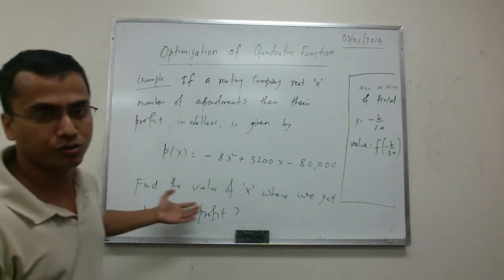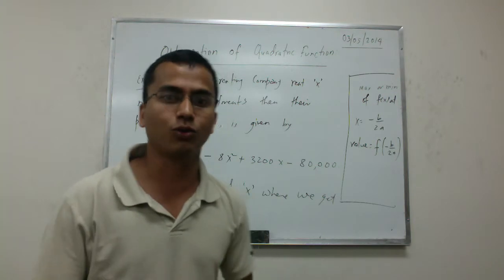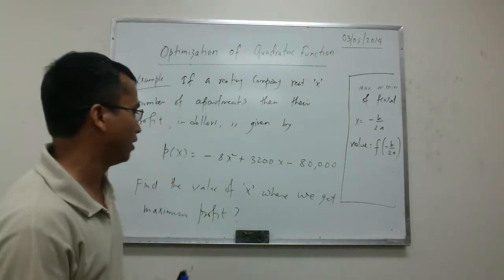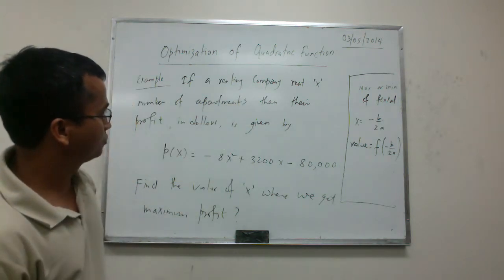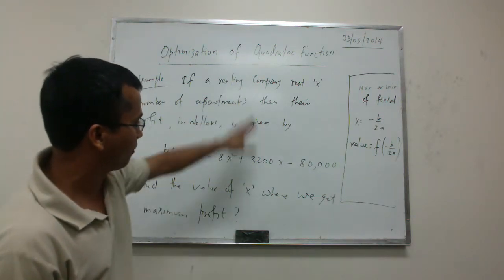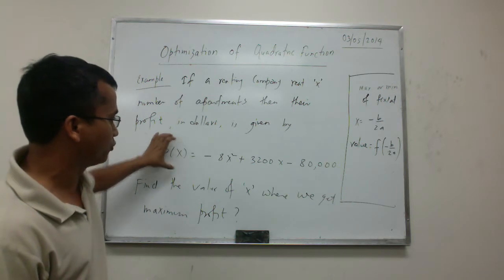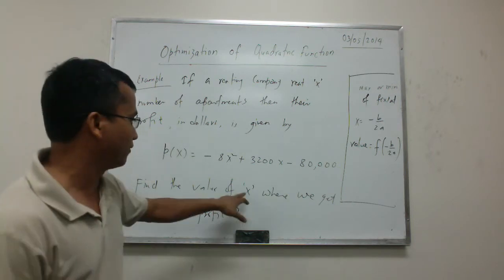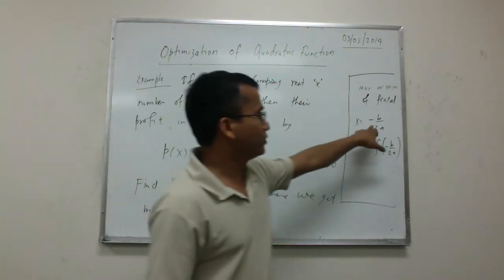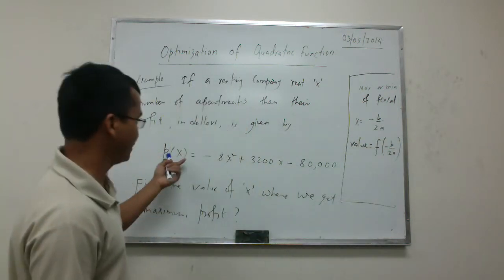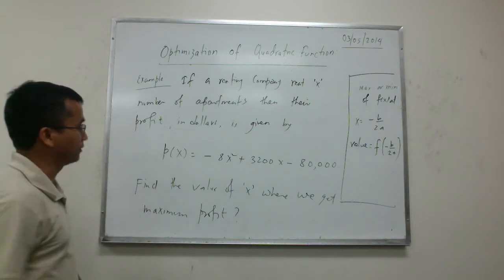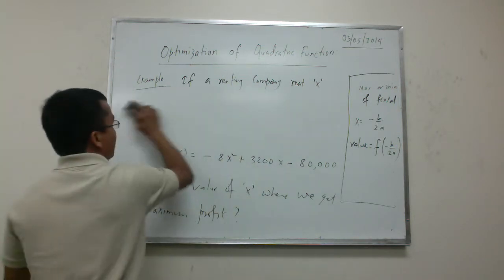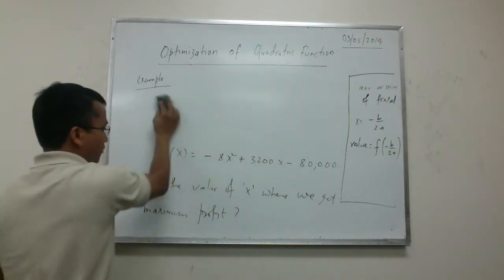Now our goal is to find the value of x. We should figure out how many apartments should be rented by that company so that their profit would be maximum. Since it's a quadratic function, we can use this formula to find the number of apartments for the maximum profit.